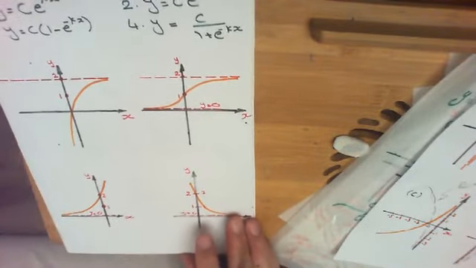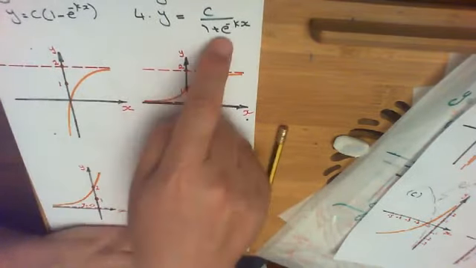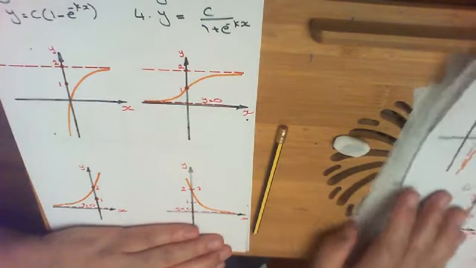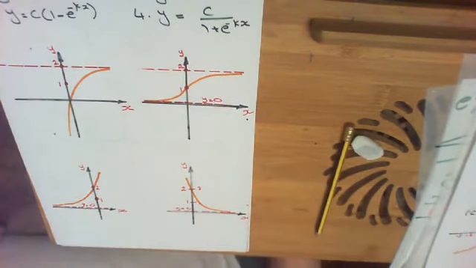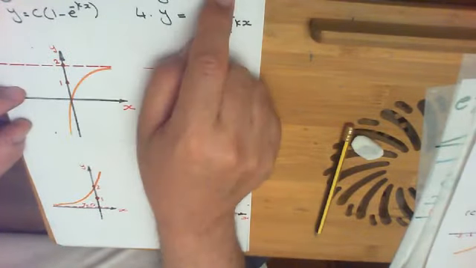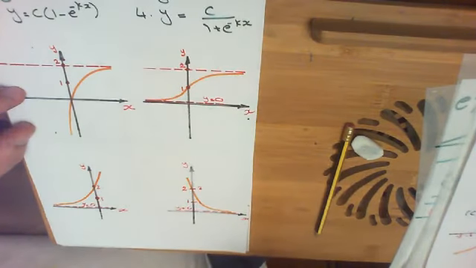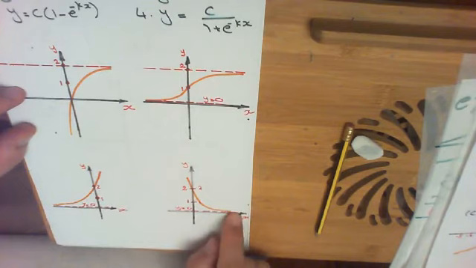This is the last set of graphs. We have four equations with 4 graphs, and we want to match them together. Which one do we start with? Simple equations. This is e to minus x, as you see.